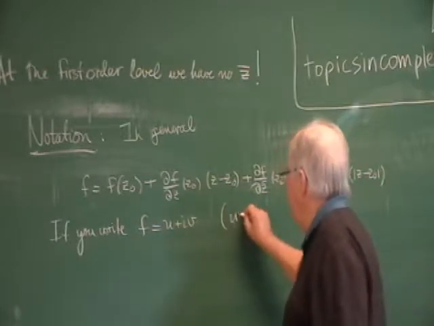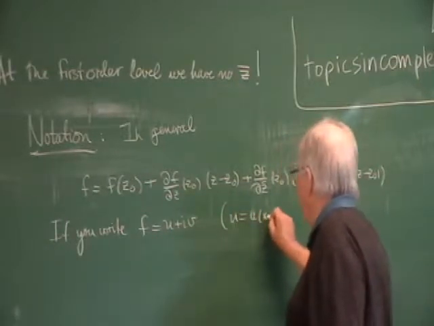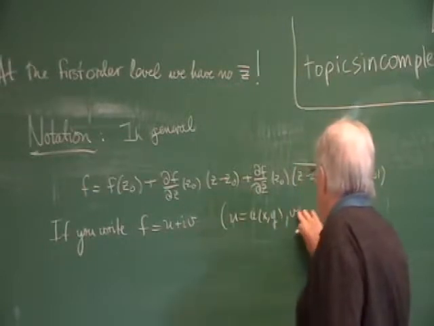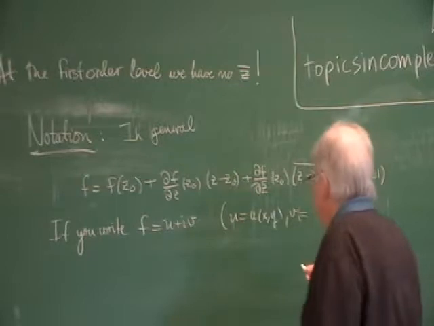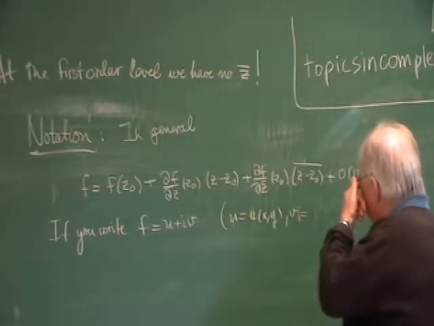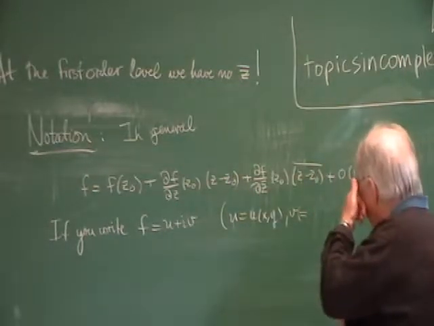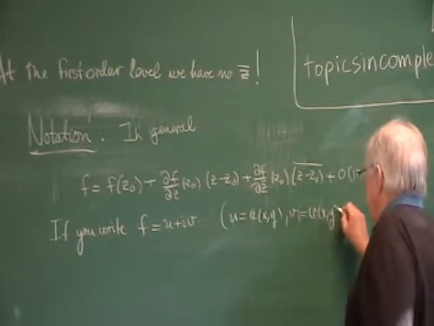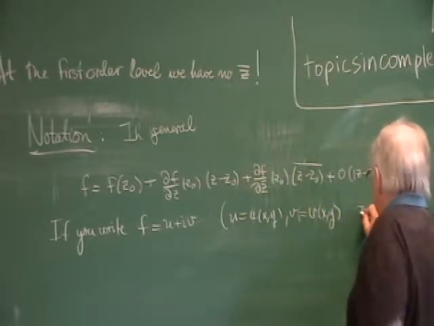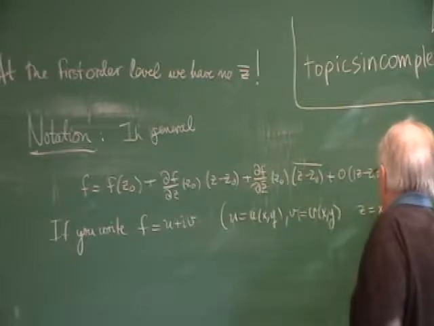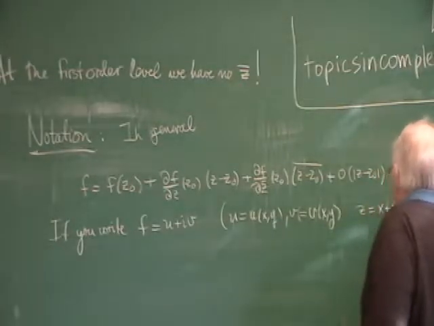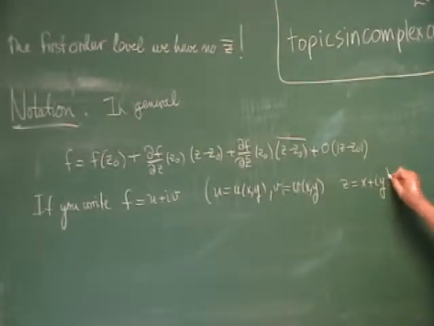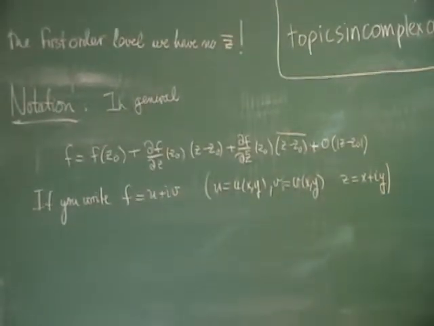And u is a function of x and y, and v is a function of x and y. So these are real functions on the domain as a domain in the real plane. And z equals x plus iy defines these variables, these coordinates x and y.